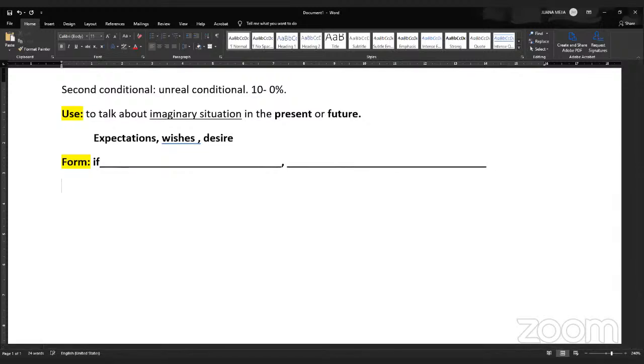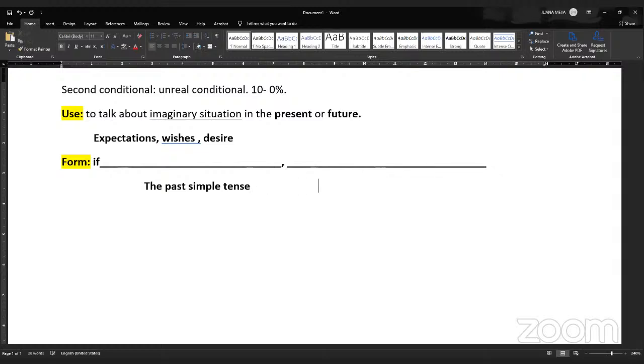Well, so in the second conditional, we use two different tenses. And I'm sorry, one tense and one modal, a new one. In the conditional clause, we use this, the past simple tense.